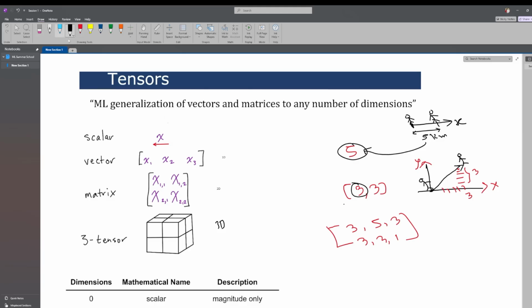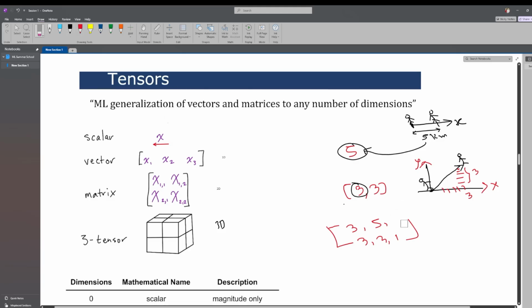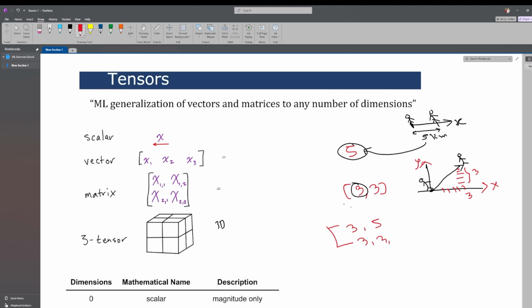We can write this matrix like this, only 2, no problem with that. I'm just trying to give you a concept. Here you can see 3, 3 was a vector, but in a matrix, the whole thing is a row. So this is row 1, this is row 2.